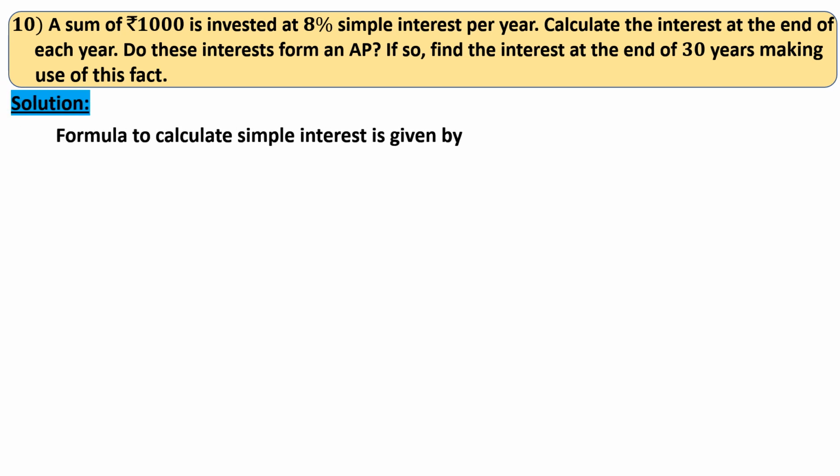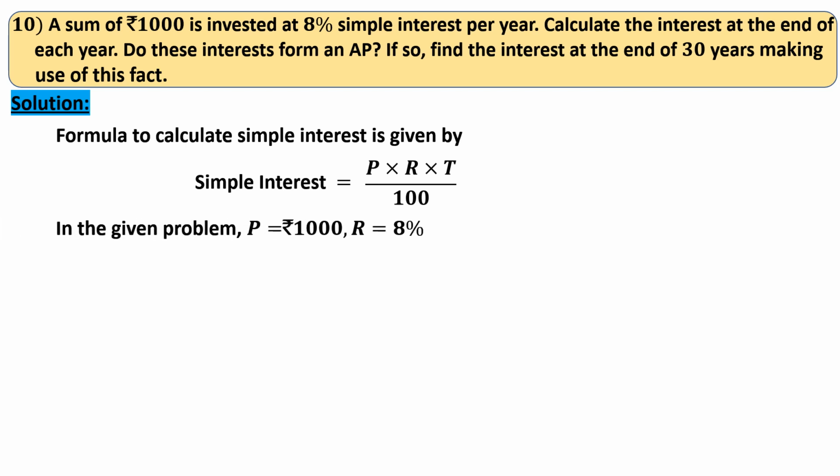The formula to calculate simple interest is simple interest equals P into R into T divided by 100. P is the principal amount, R is the rate of interest, T is time in years.